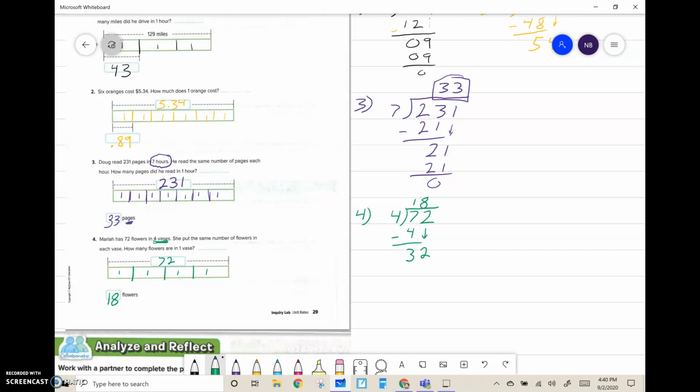Looking at this equation, we divided the 4 into the 72, did a little long division, and ended up with 18. We figured out that it takes 18 flowers to fit inside one vase.